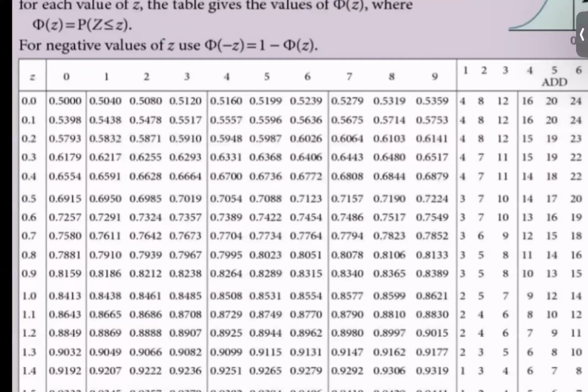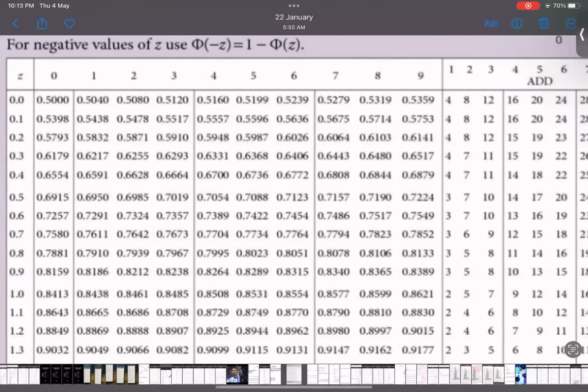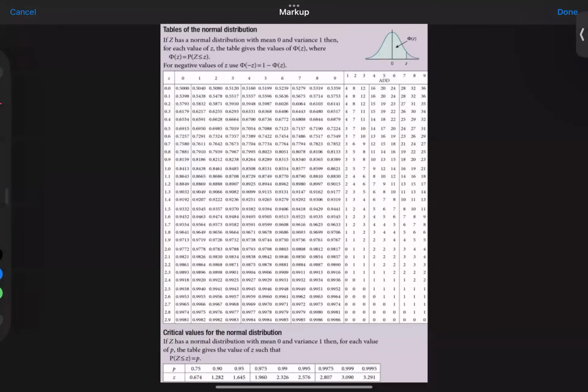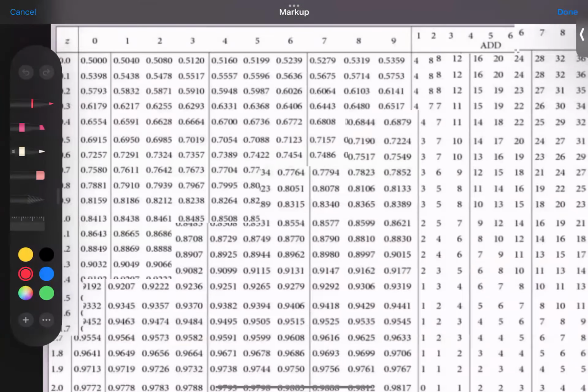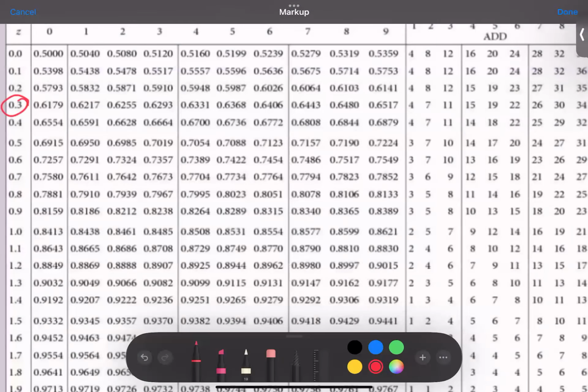So 0.375. Have a look here, students. 0.3 from here, and I will check along this line. 7 is coming, and this is the number I'm looking for: 0.37 and 5.